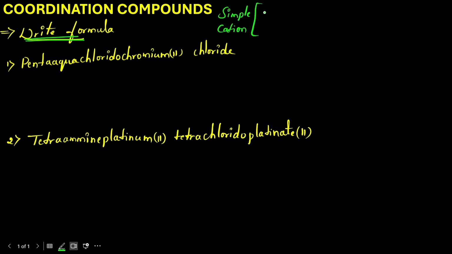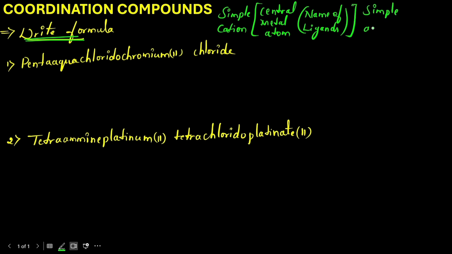Then you have to write the central metal atom. And then you have to write the ligands. And then you have to write the simple anion. This is the order you have to follow.